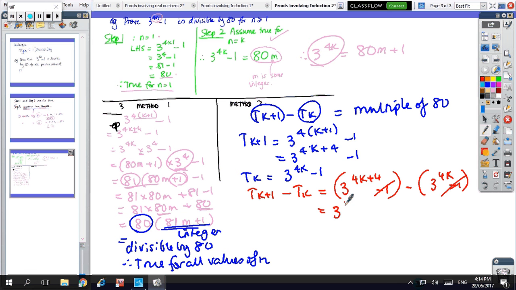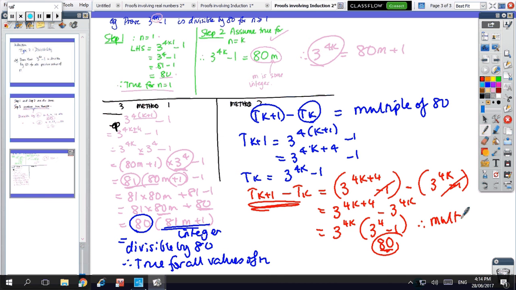So you end up with 3 to the 4k plus 4 minus 3 to the 4k. So then we expand, so we've got 3 to the 4k, bracket, 3 to the 4 minus 1, and as we've done that before, 3 to the 4 minus 1 equals 80. Therefore, the difference between the terms is a multiple of 80. Therefore, true for all values of n.